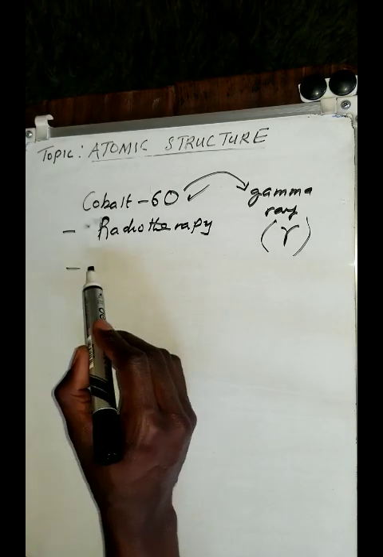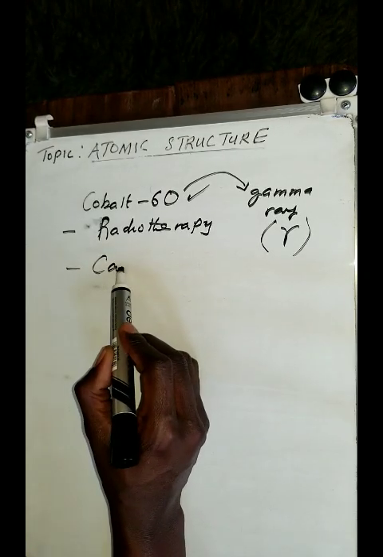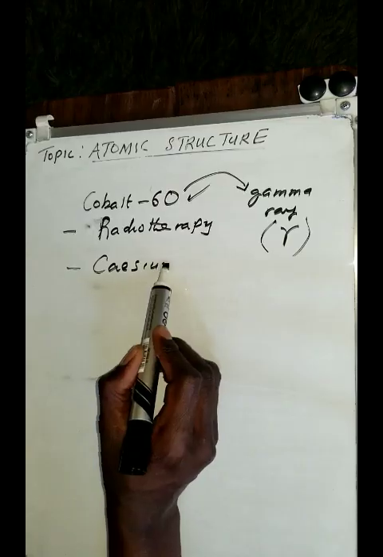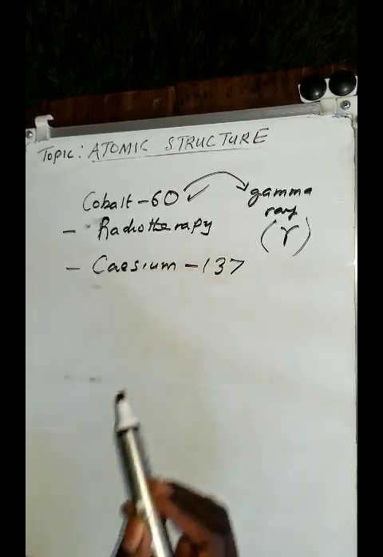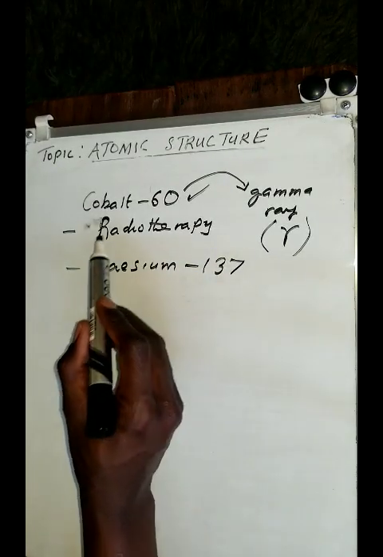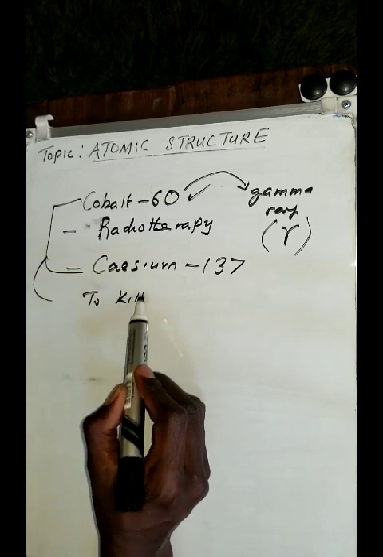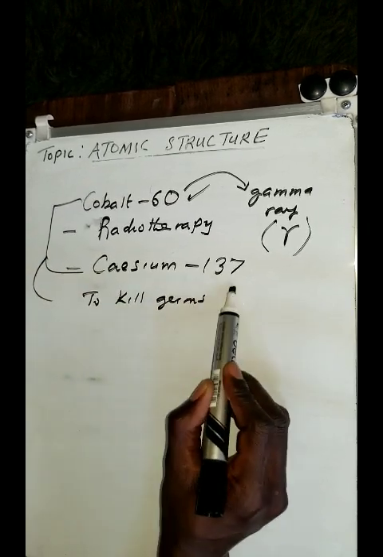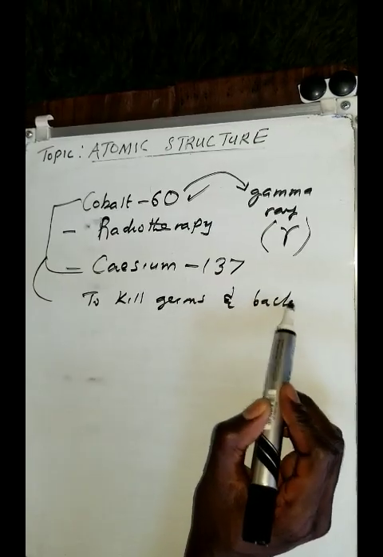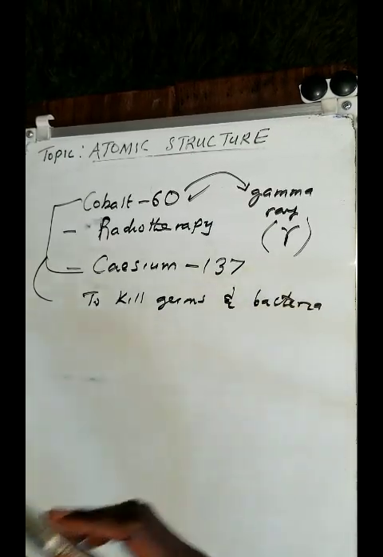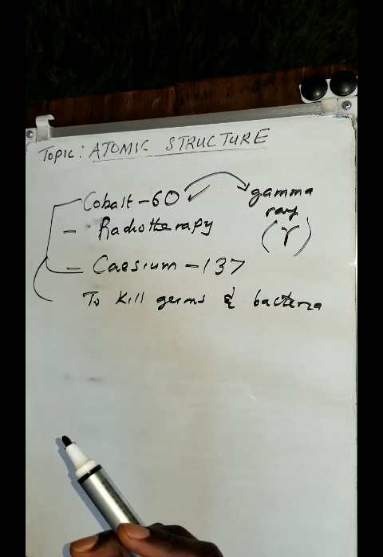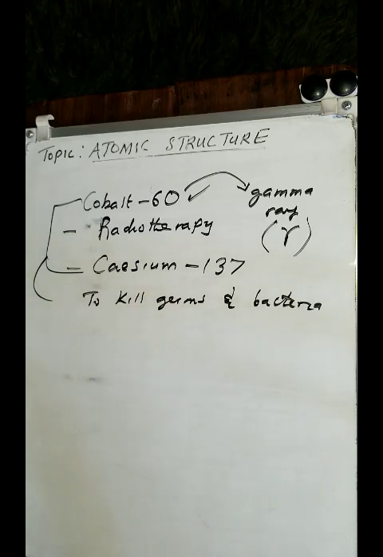Sometimes you can also use caesium 37. These two can be used to kill germs and bacteria, especially in the food industries. Medical equipment can also be treated this way. So you need to remember.